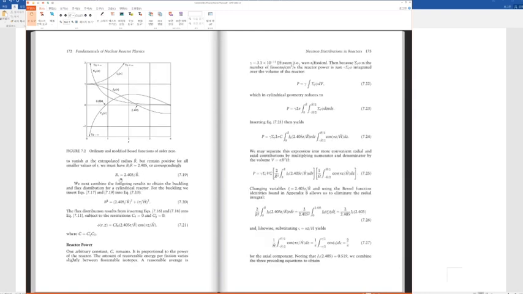Here, B_r was defined as 2.405 over R tilde.